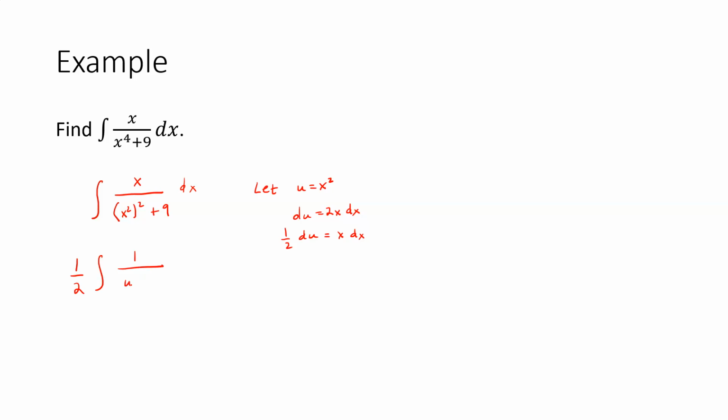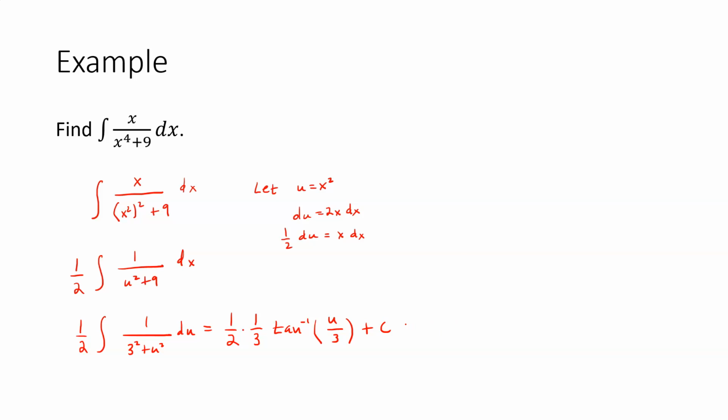And now what we see is more of the form that we saw in the previous slide, where it's 1 over u squared plus a squared. So we can compare this: our a is 3, so it's 3 squared plus u squared down here. If I use that basic form from the previous slide, the integral of 1 over 3 squared plus u squared will be 1 over 3 tan inverse of u over 3.